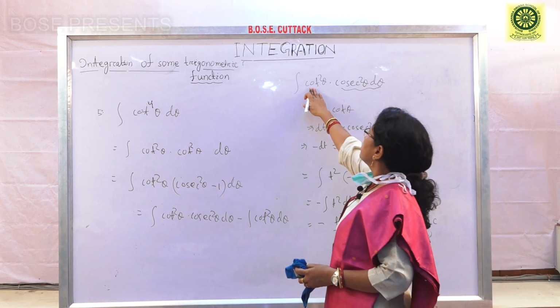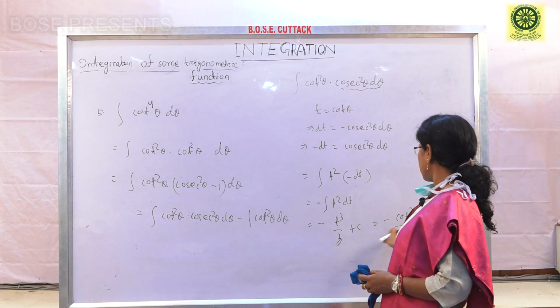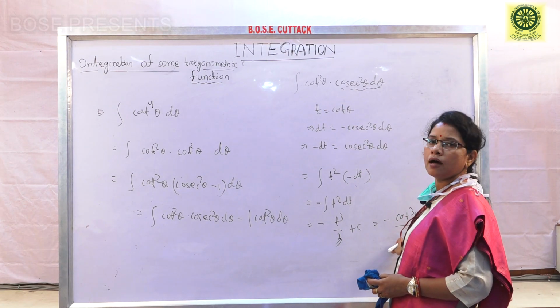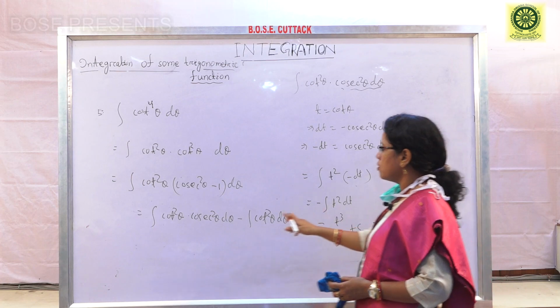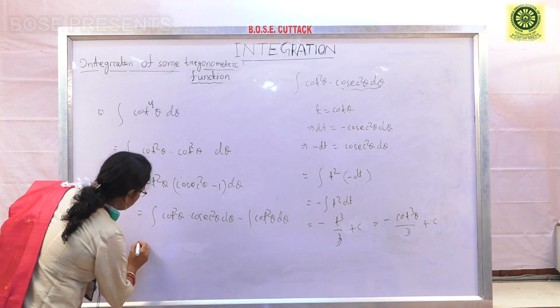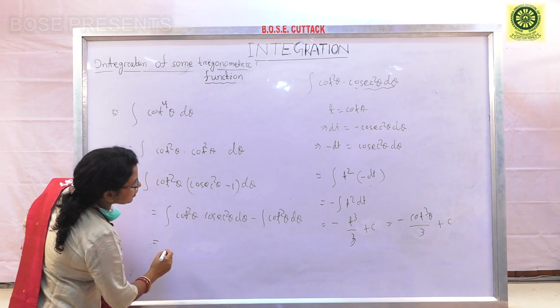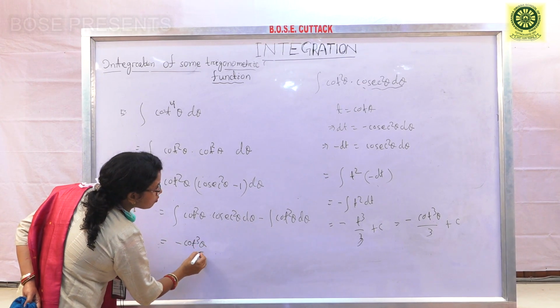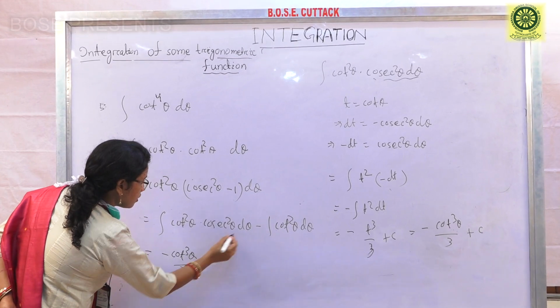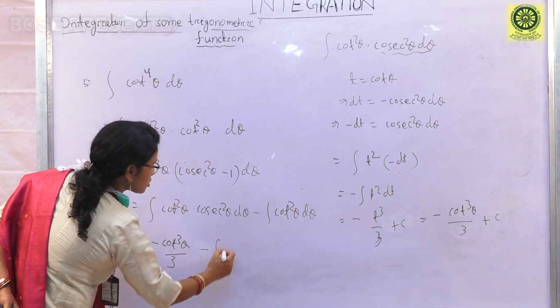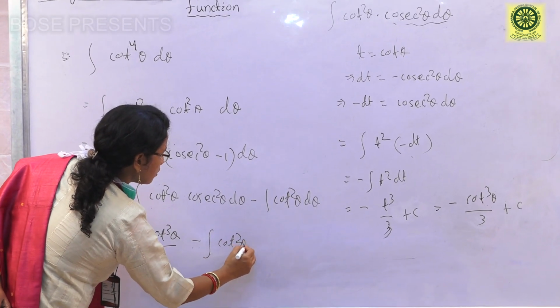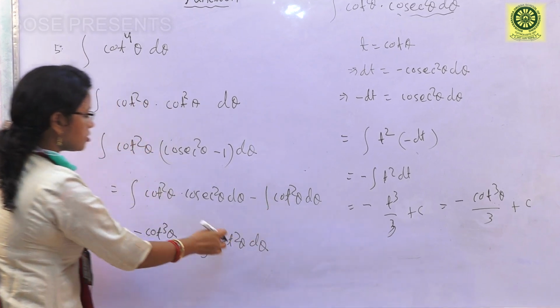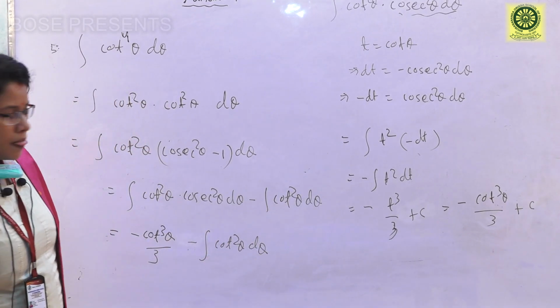So the integral of this function is minus cot cube theta by 3. So in place of this integral, we can write minus cot cube theta by 3, and the term minus cot square theta d theta is here.